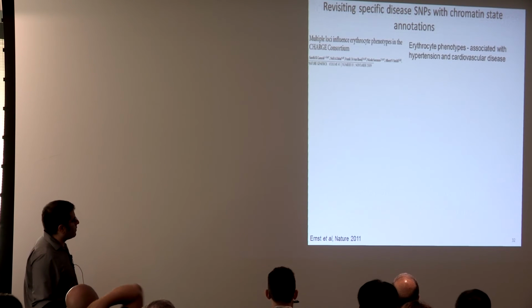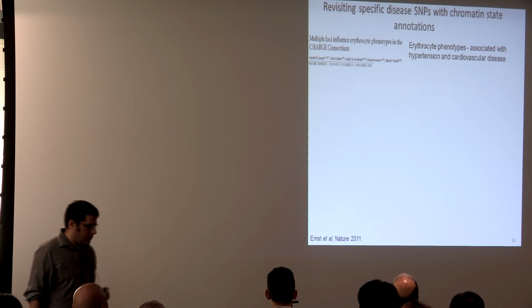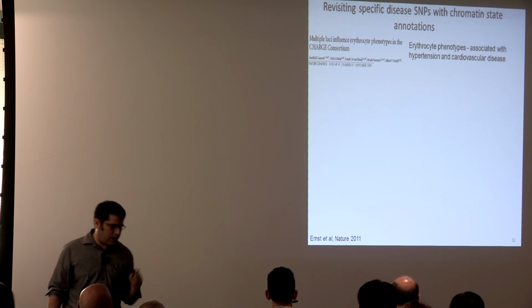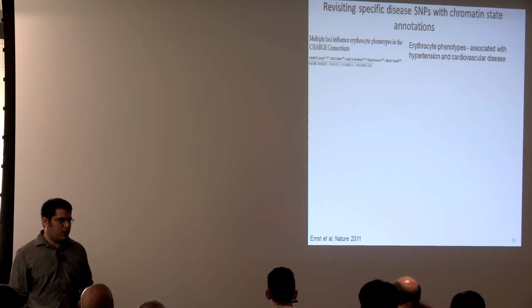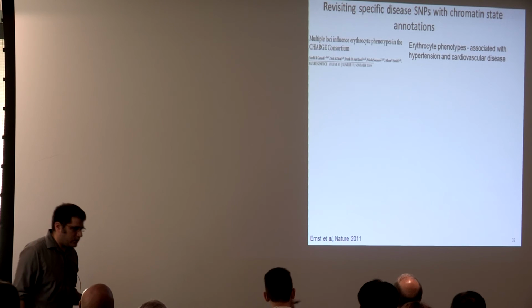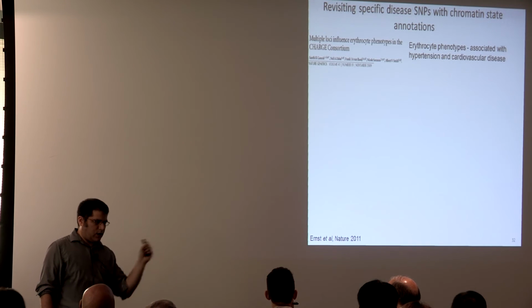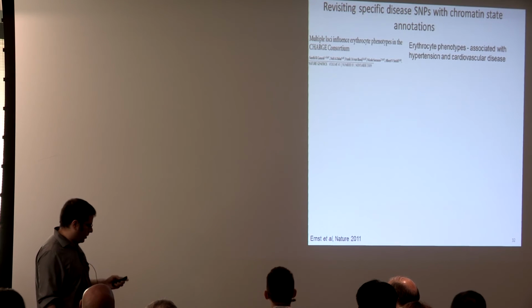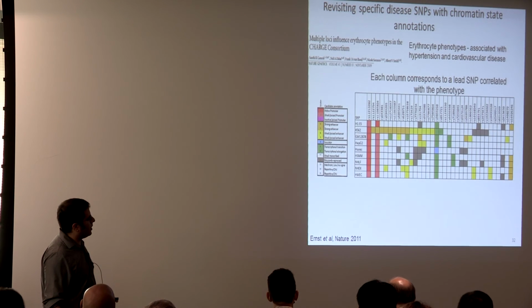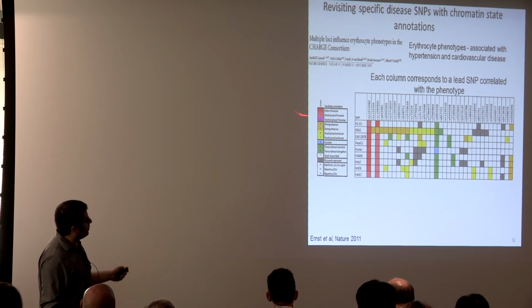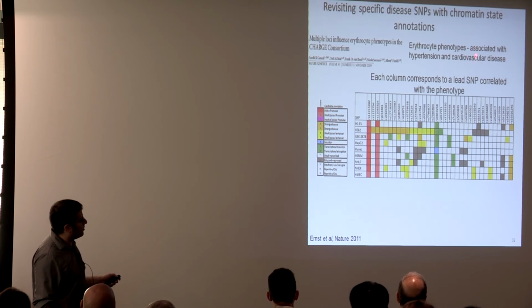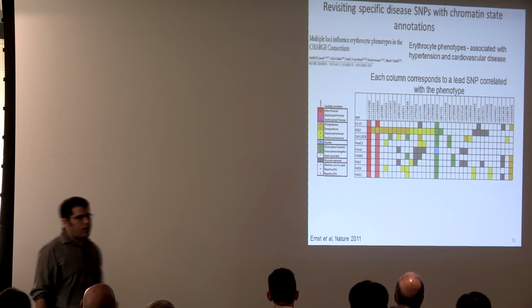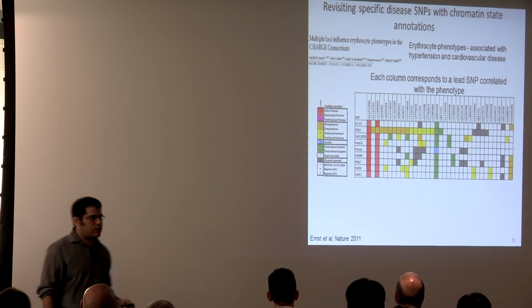So going back to the original motivation I had given you, there's a lot of interest in starting to interpret genome-wide association study data, which had often been implicating these non-coding regions without any additional support for the variants. So what we had done was take, and I'm showing you an example here of one specific GWAS study, which was looking at erythrocyte phenotypes, which can be associated with hypertension and cardiovascular disease.